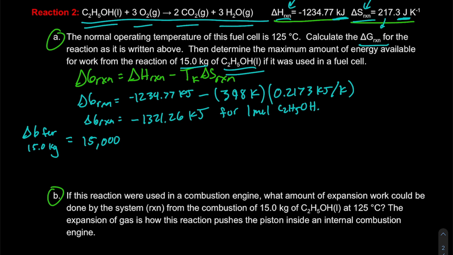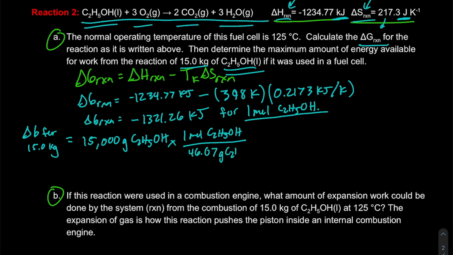So we have 15,000 grams of ethanol. Before we can do anything, we need to connect that to the number of moles. So let's convert that to the number of moles using our molar mass, 46.07 grams of ethanol per mole. And now we have this conversion factor of free energy per 1 mole, negative 1,321.26 kilojoules.